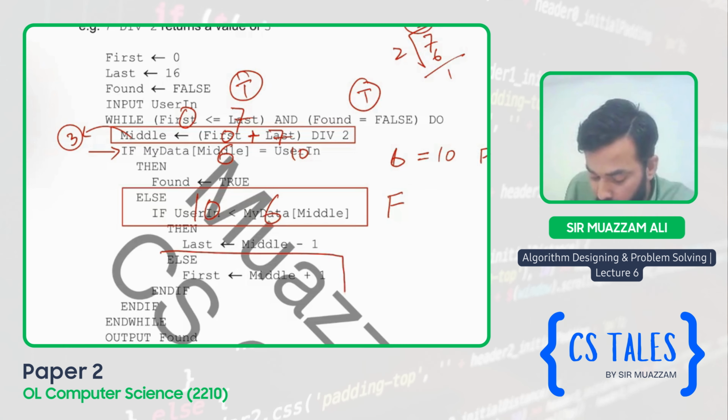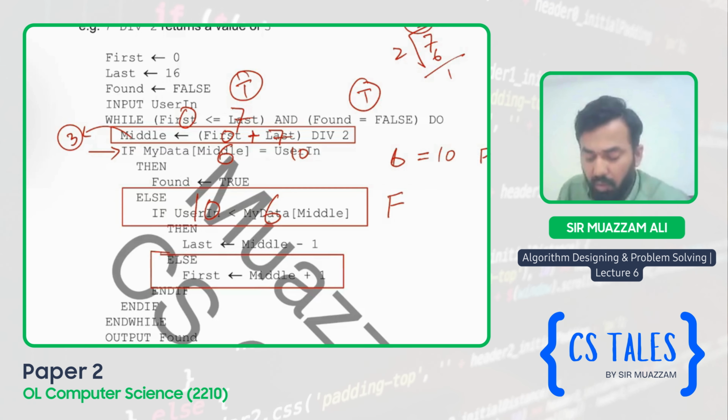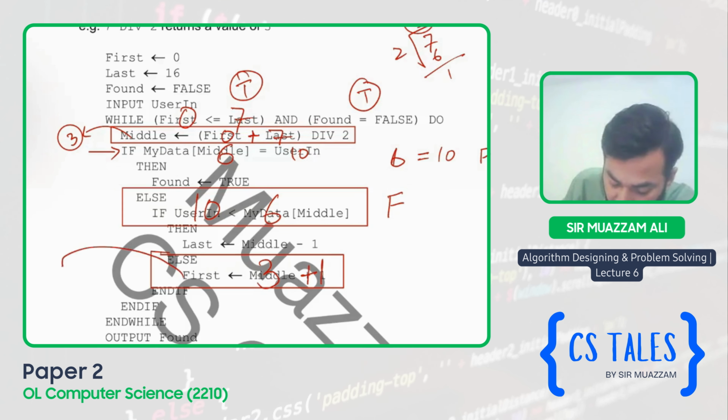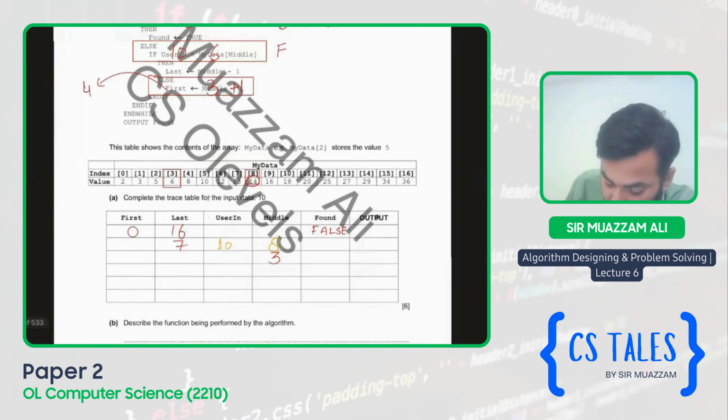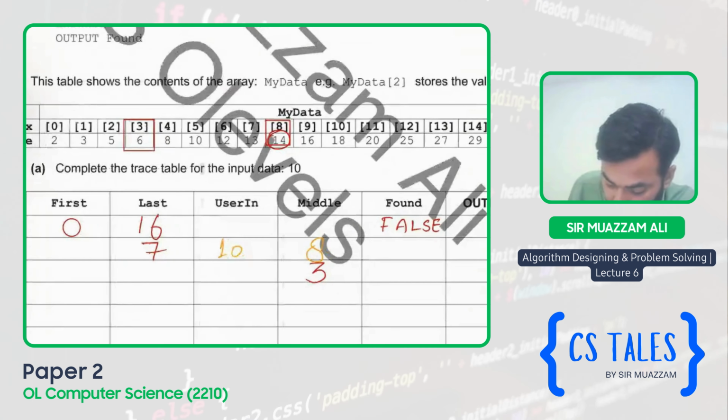So first is equal to middle plus 1. In middle you have 3, 3 plus 1 is 4. 4 will be stored in first. You will write down over here 4.